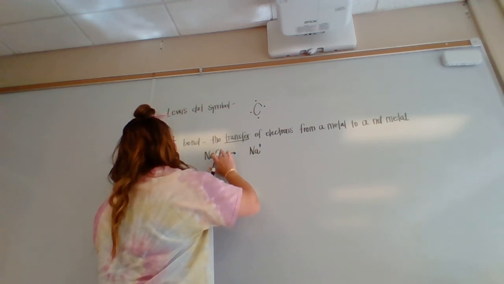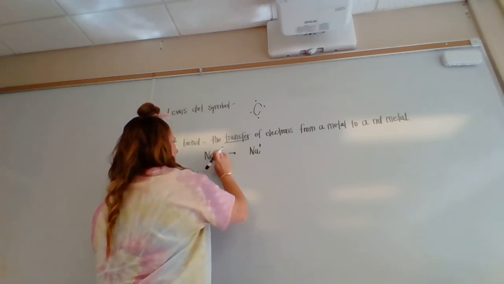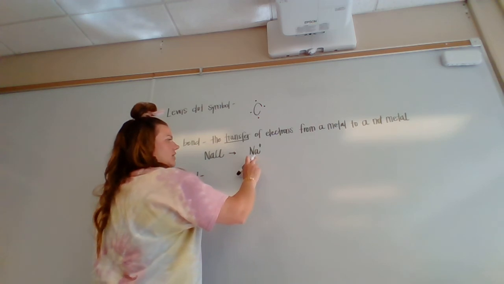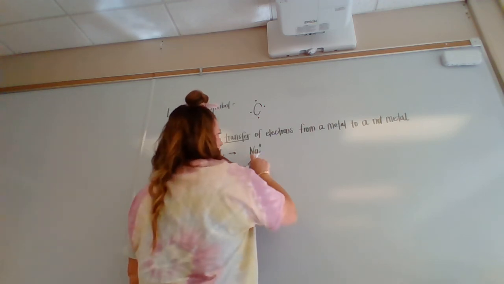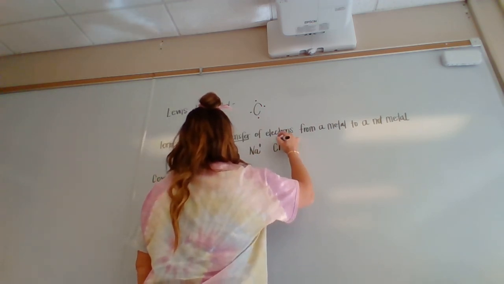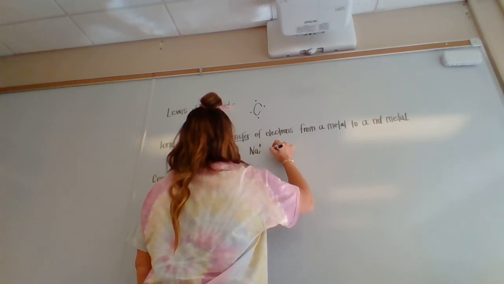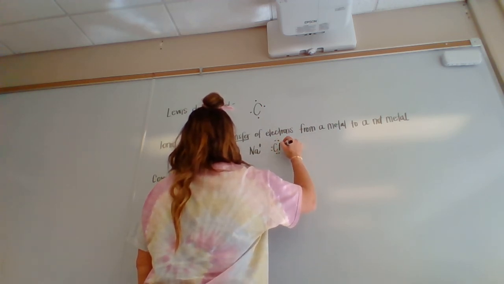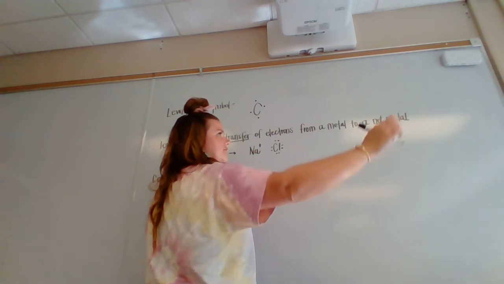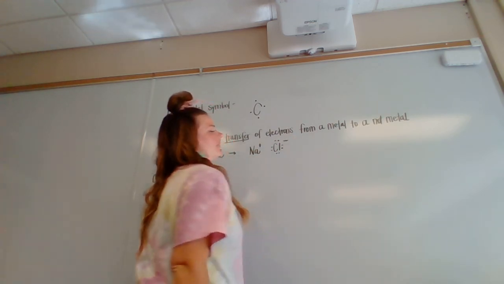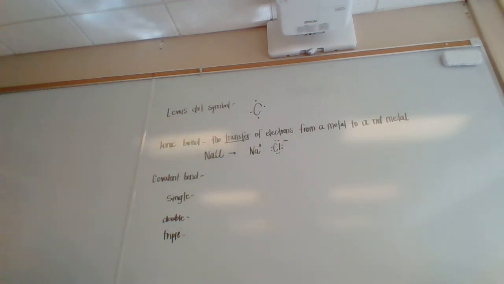What's happening is sodium is becoming positive while chlorine is filling up its valence electron shell and it's becoming negative. So chlorine by itself has only 7 valence electrons, but when it forms chloride, it just adds 1.